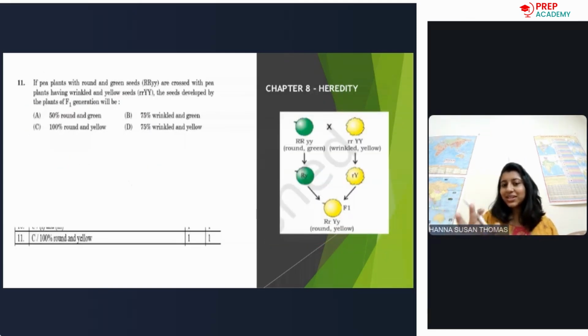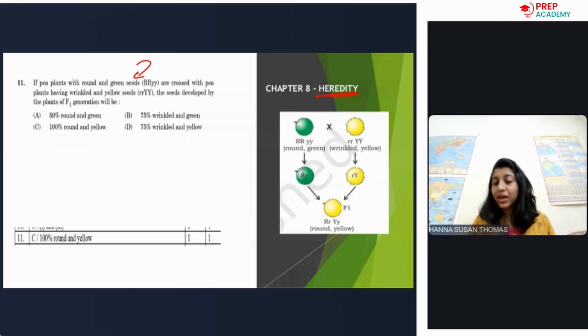So this question is an interesting one because it is asked from the chapter heredity, and nowhere in this chapter can you see this particular type of question mentioned in literal words.